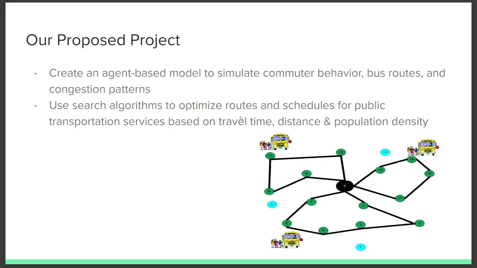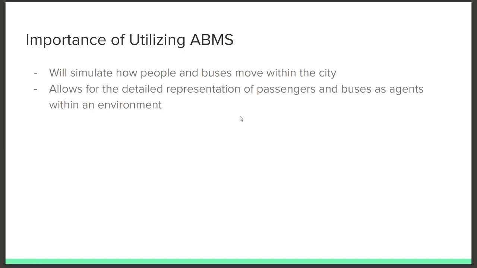And here we are with our proposed project. Our approach involves creating an agent-based model to simulate commuter behavior, bus routes, and congestion patterns. We then apply search algorithms to find the most efficient routes and schedules, considering distance and population density. Using an agent-based model, we can simulate how both people and buses move within a city.